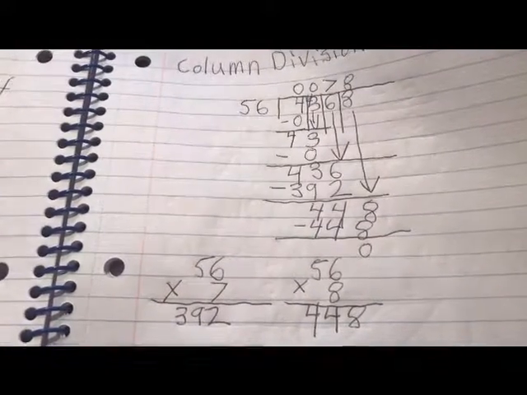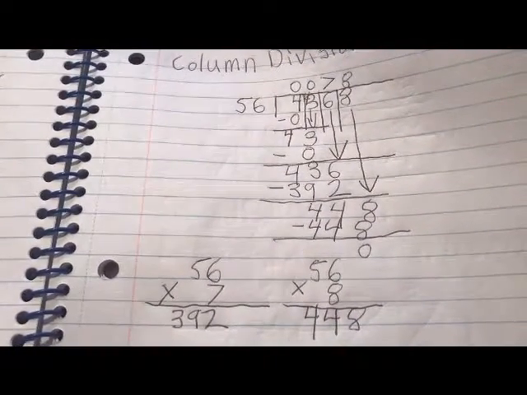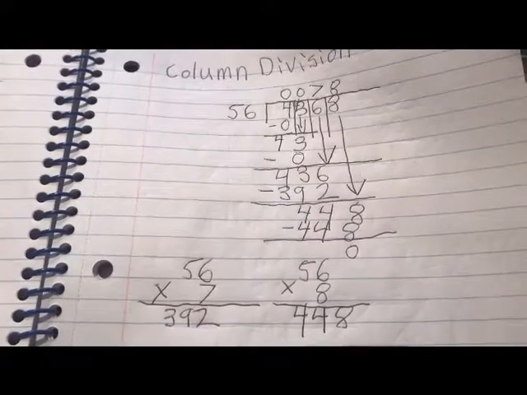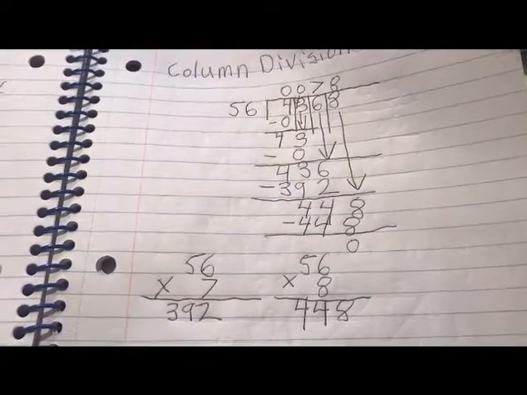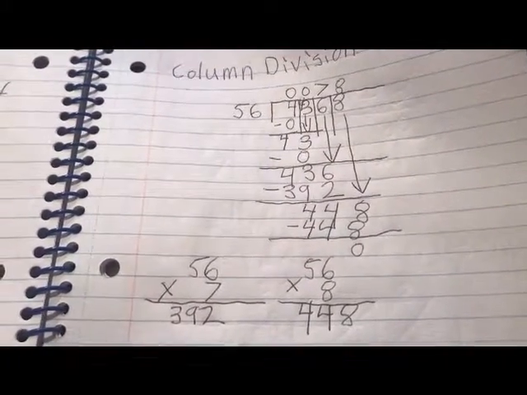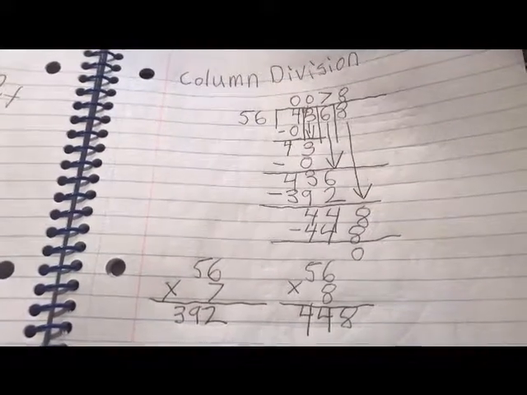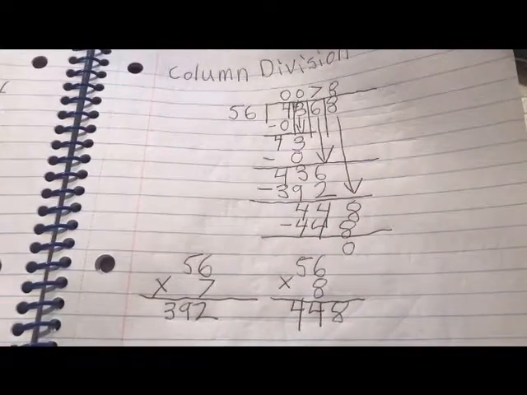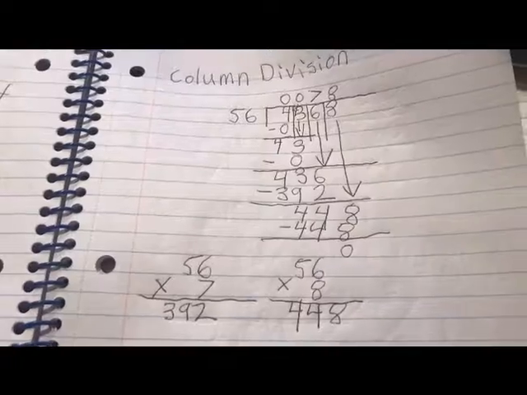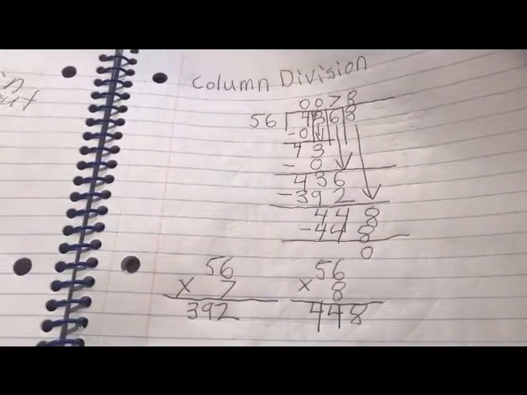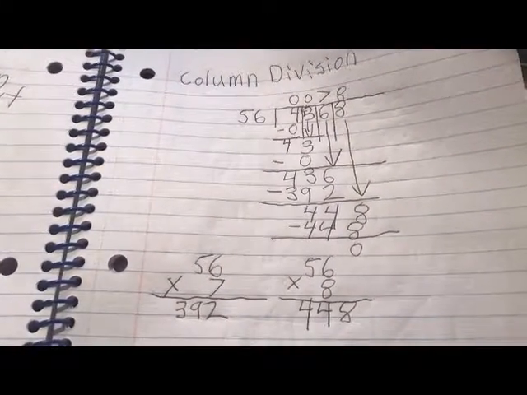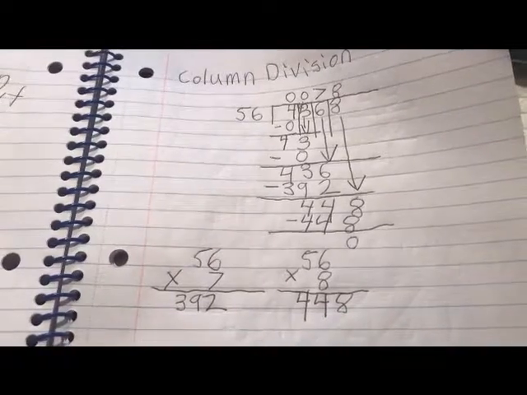See, 0 times, so you get the 4. And with this technique, you bring down the 3, and then 43 minus 0, that's 43. And then you need to bring down the 6. In column division, you bring down a lot of numbers.